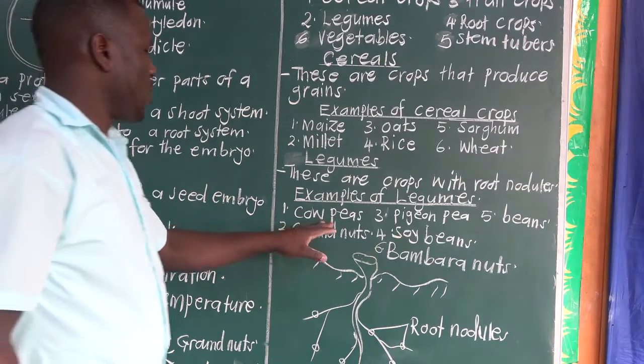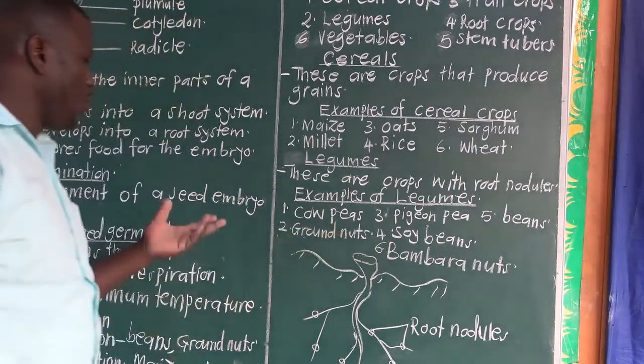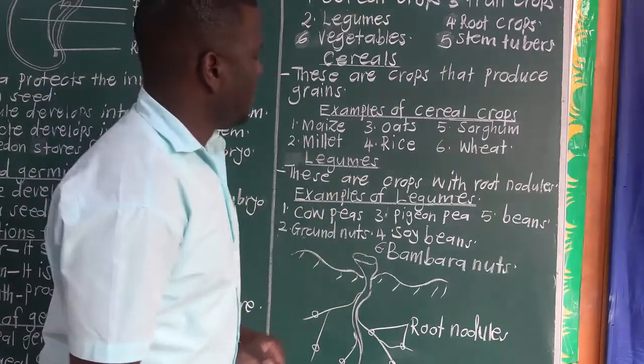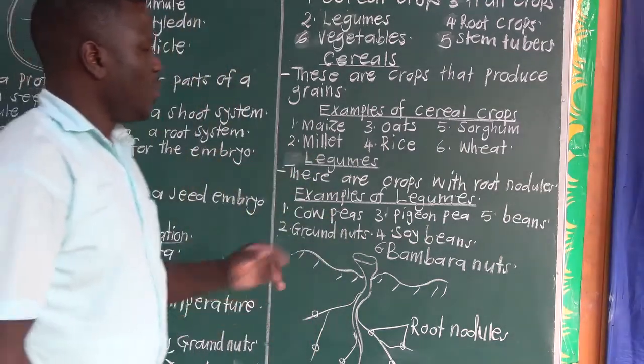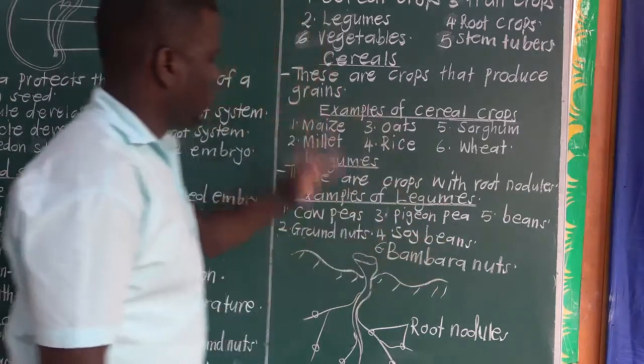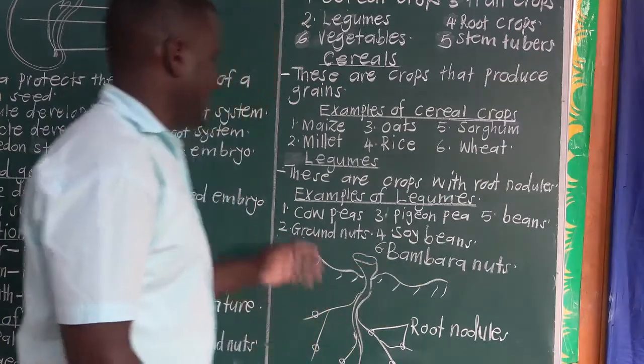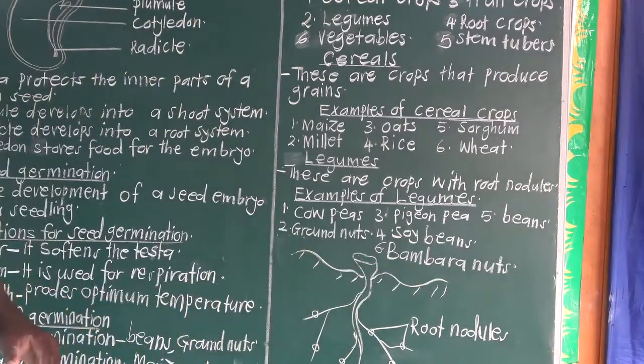We have cowpeas, then pigeon pea, beans, soybeans, bambara nuts, then we have walnuts.